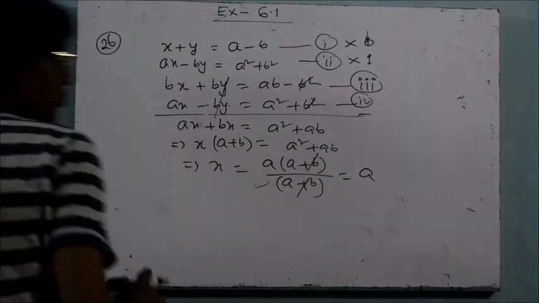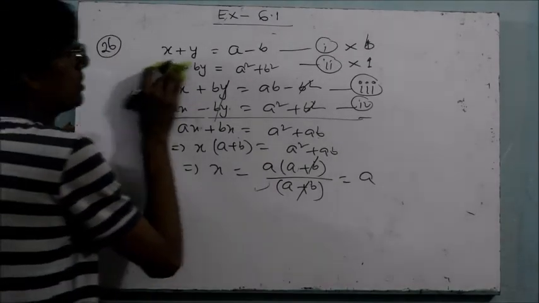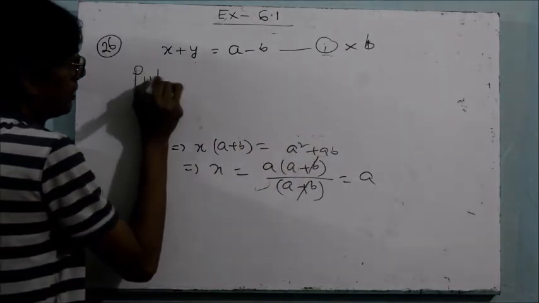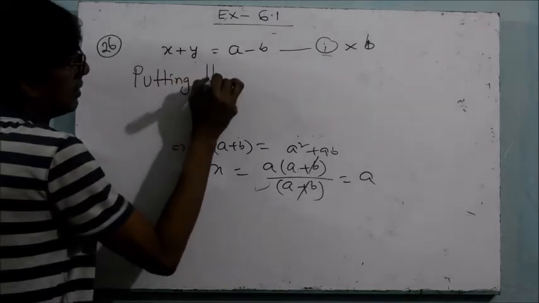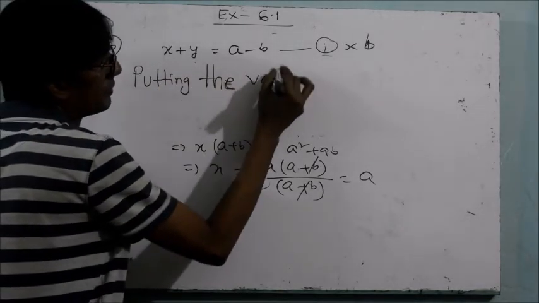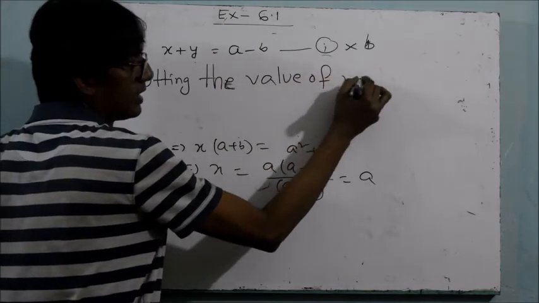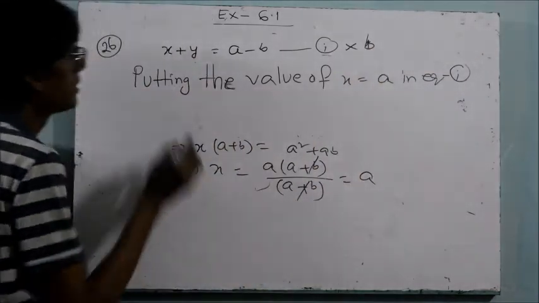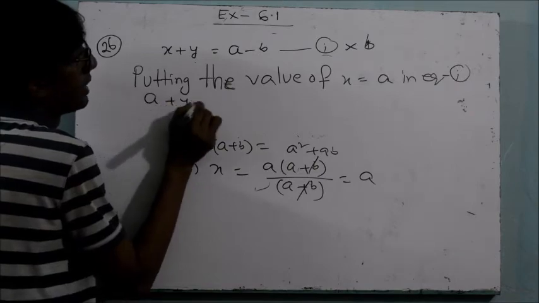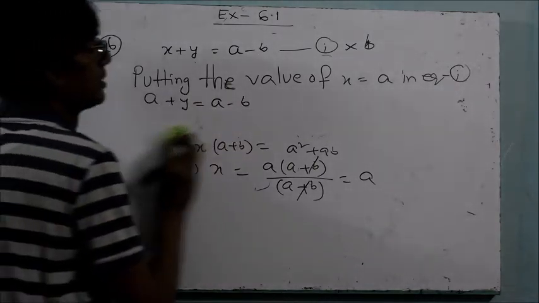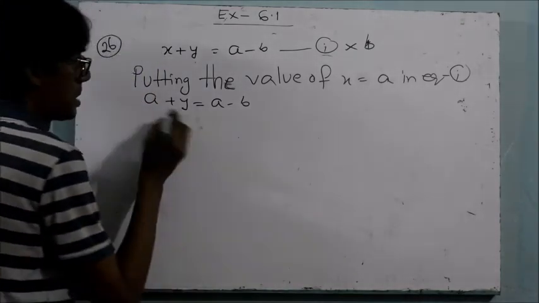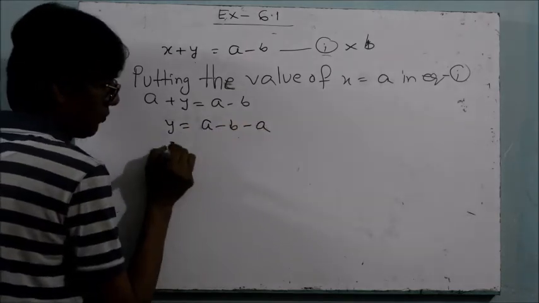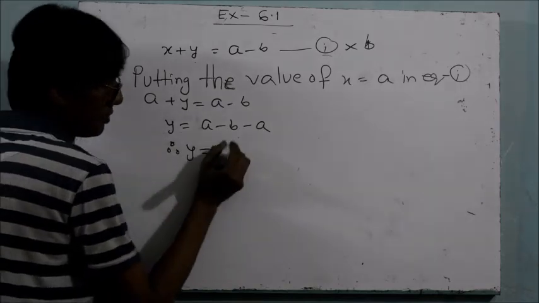Now apply the value of x in equation 1. Putting the value of x equal to a in equation 1, we get a plus y equals a minus b, or y equals a minus b minus a, therefore y equals minus b.